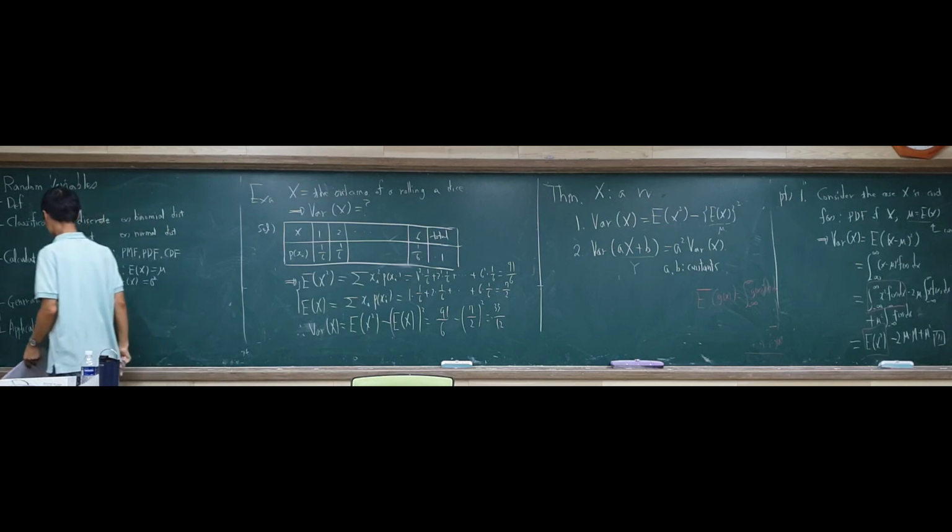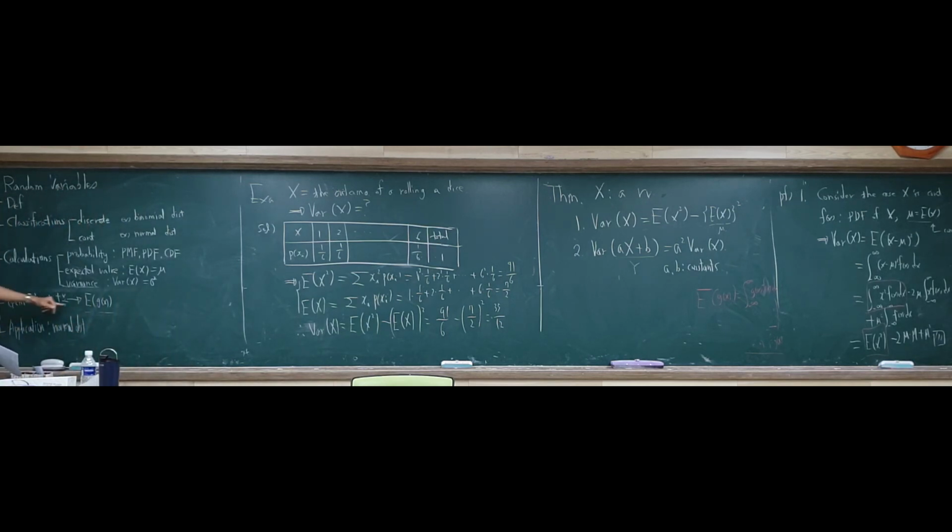And we also have studied how to calculate the expected value of g(X). And in the next class, we will study binomial distribution and normal distribution, and for these two distributions, we will study how to calculate probability, expected value, variance, and their applications.